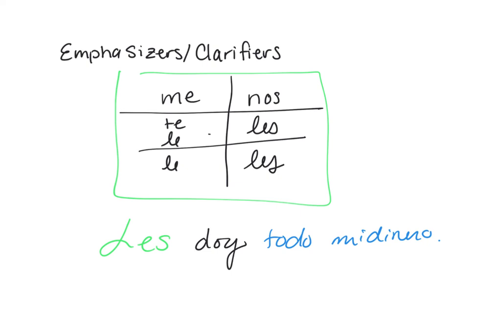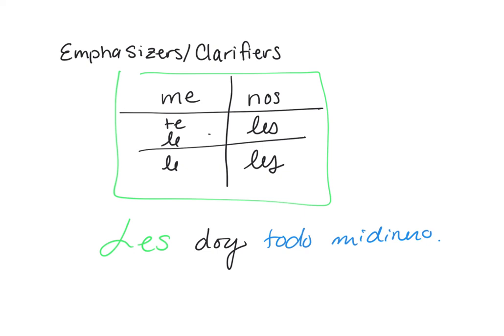It's a pronoun, right? We replace the actual name with it. So if you want to ever clarify who you're talking about or emphasize who you're talking about, if I say me something, you know it's me. So in that case, it's an emphasizer. You need to add an emphasizer or clarifier.